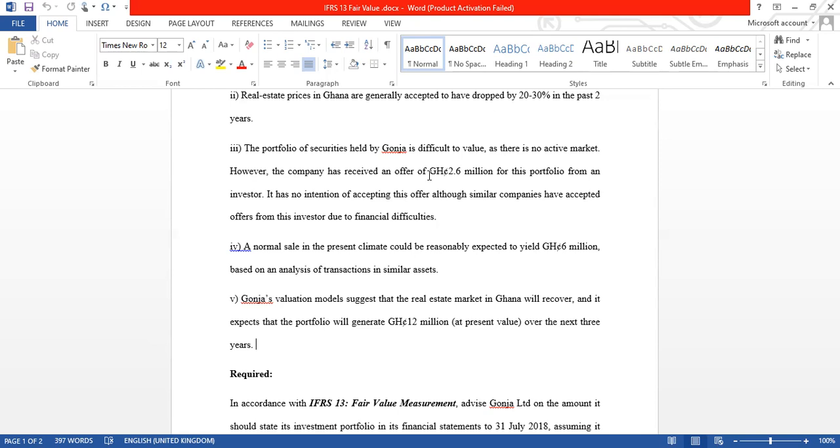And with the valuation model, it says it will generate 12 million over the next 3 years, which is also a forecast. So I think the level 3 inputs would work for this question.